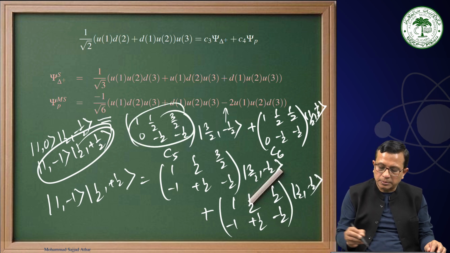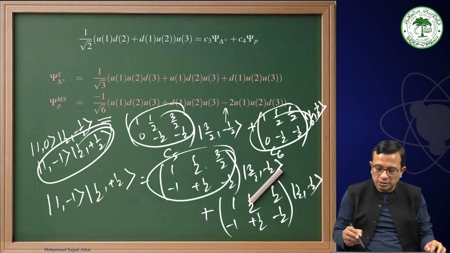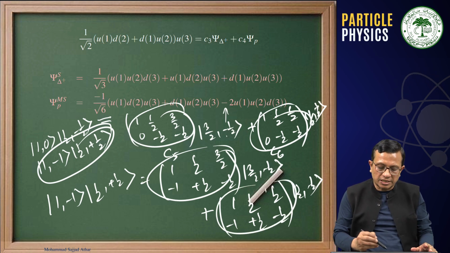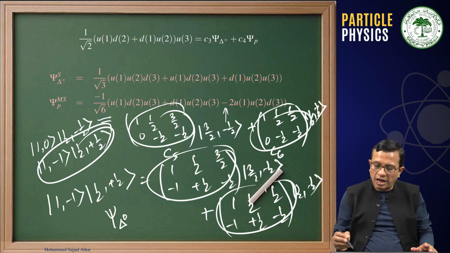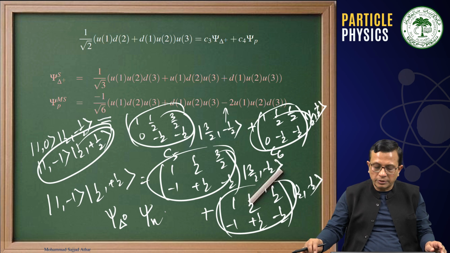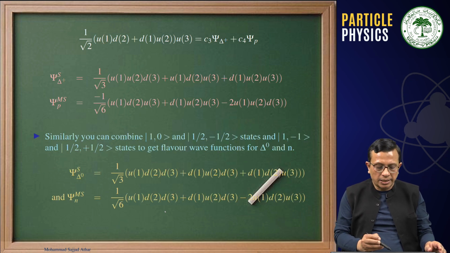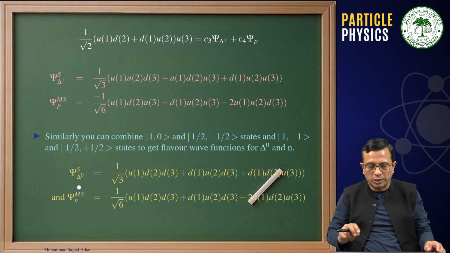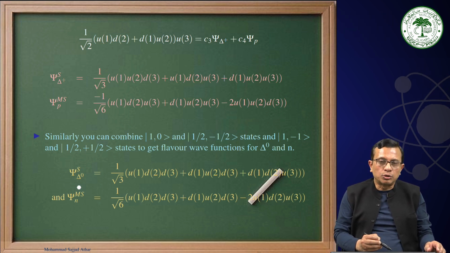Again, these are the Clebsch-Gordan coefficients. These are the two equations, and then you have two unknowns. 3/2, -half means I am talking about delta 0, and half, -half means I am talking about the neutron. Therefore, here also we see that we have the delta 0 wave function, which is completely symmetric, which contains two d quarks and one u quark, and the neutron wave function is mixed symmetric.